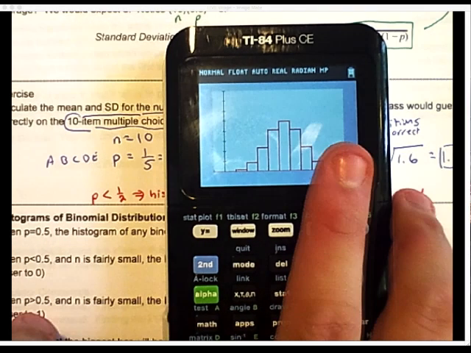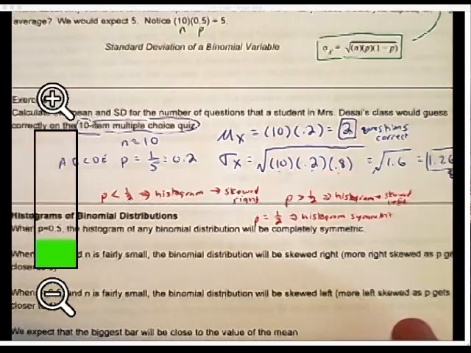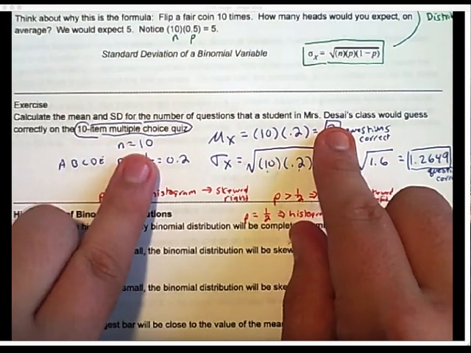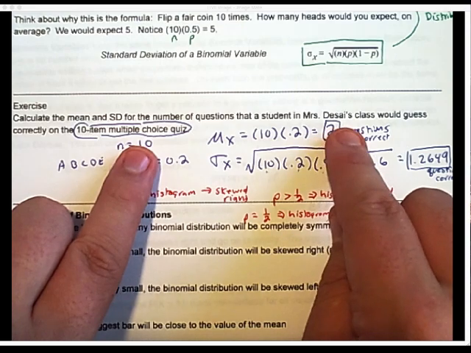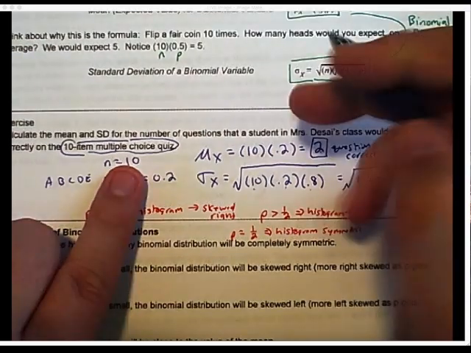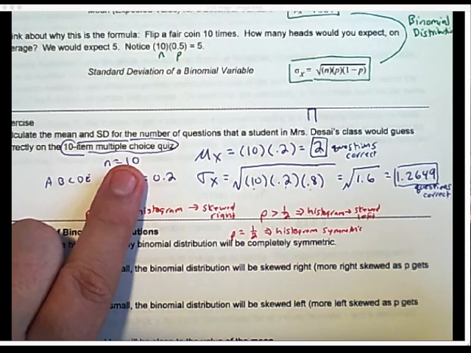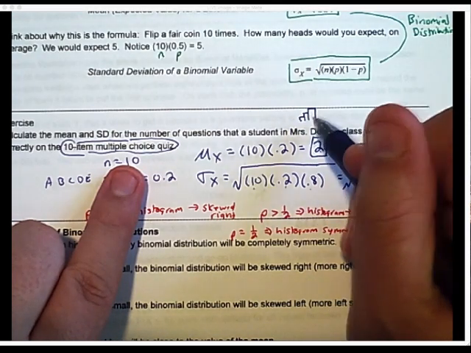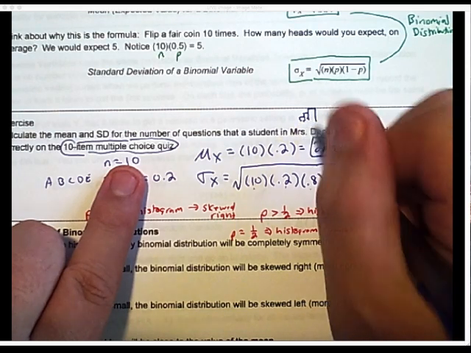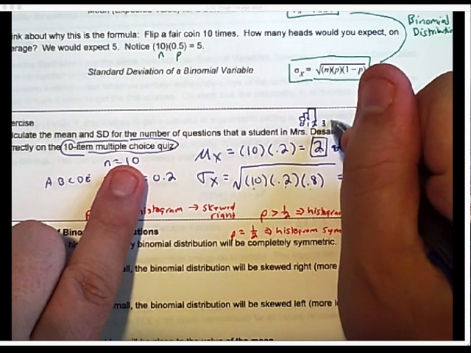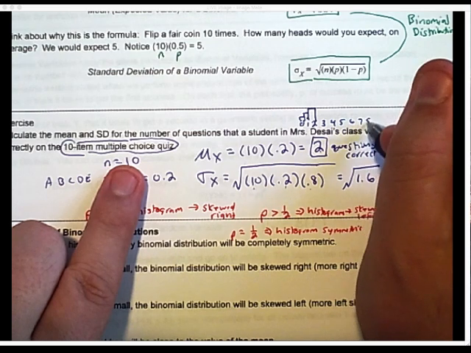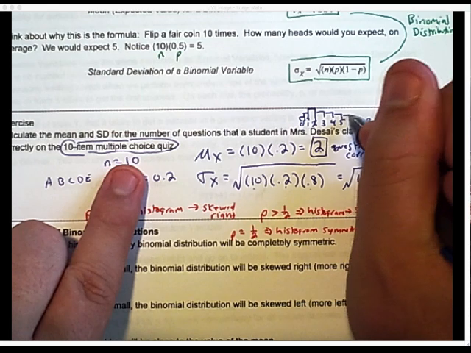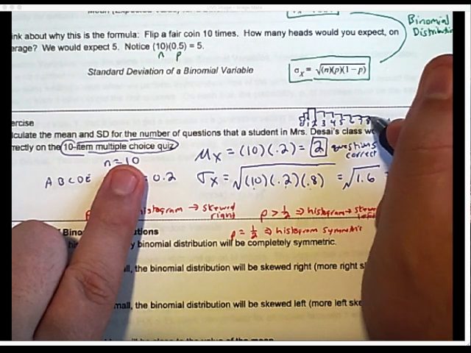So why does this happen? Let's think about why this happens. You know that there's 10 trials, but if the mean is 2, the biggest bar is going to be at 2. So if the biggest bar is at 2, there's only 2 bars to the left of that, the 1 bar and the 0 bar. But you still have a whole bunch more numbers to cover. So these other bars have to gradually go down from there on out.